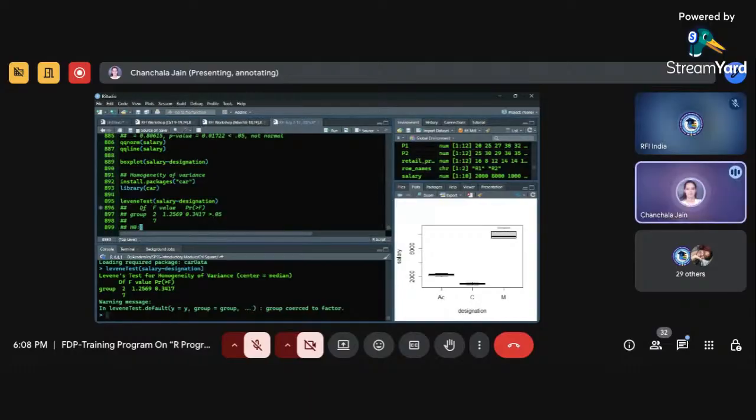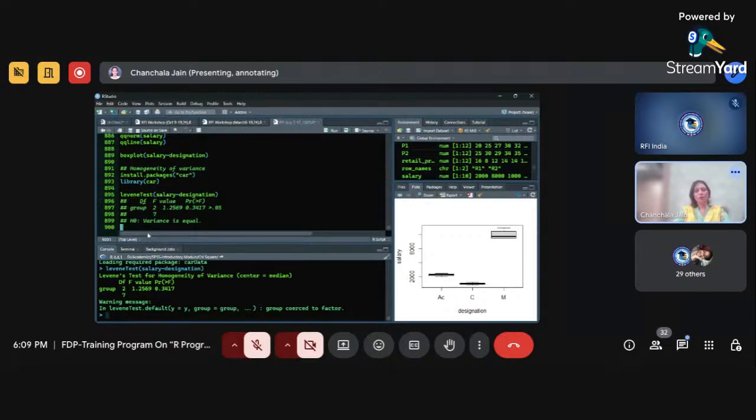I'm writing the hypothesis of the Levene test, that is variance is equal, right? So there is no significant difference in the variance. We can say there is no significant difference in the variance of the salary in the two groups, right? So according to the results, we need to hold this null hypothesis because p value is greater than 5%. So we will hold this null hypothesis. That means we will say variance is equal. And this is what we are looking for. Is it clear?